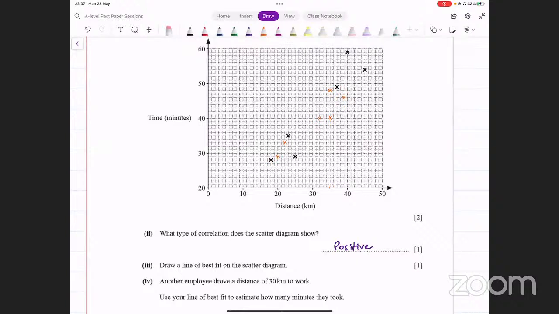Now it doesn't have one single answer. Different people can end up with different lines here, and that's perfectly okay. Let me try one here.